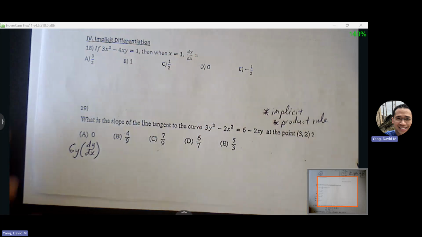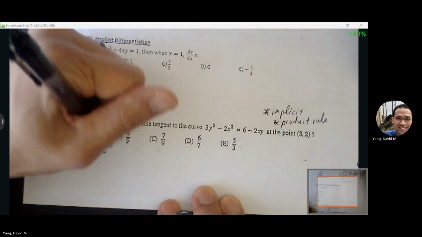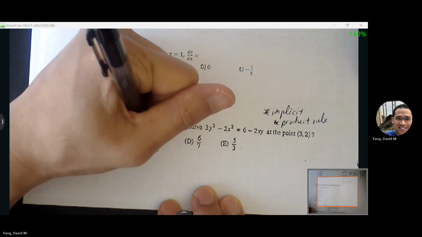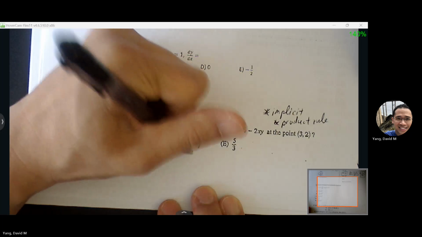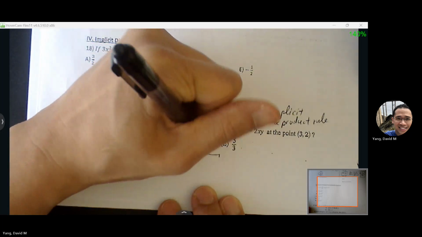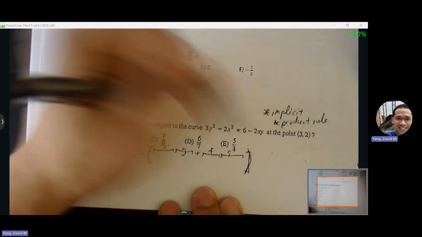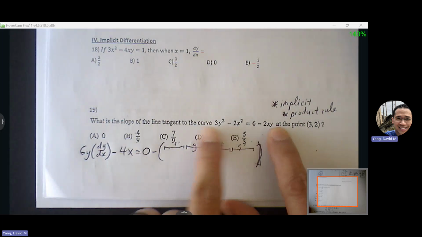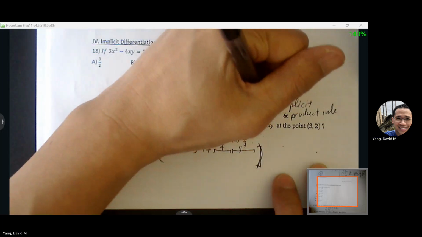It's just that when we come across y's derivative, we have to attach that dy dx. I see 2 y variables, so I should be expecting 2 dy dx's that pop up along the way.